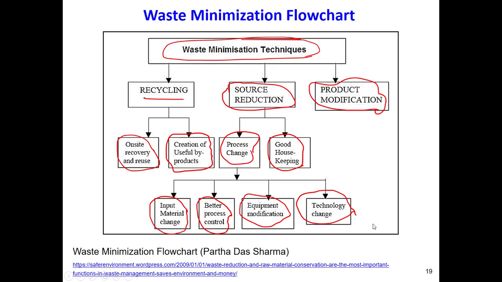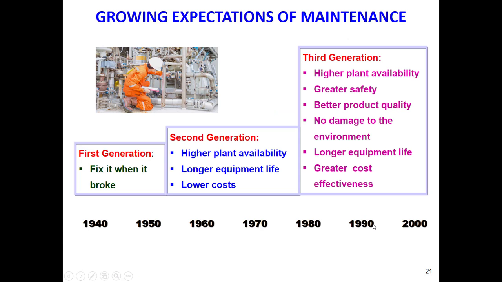Let's say for treating the waste, sometimes we can use fermentation, we can use combustion, we can use gasification. Those are the process technologies available. So that kind of gives you some idea about how to minimize the waste. So maintenance is a very important activity in the process.